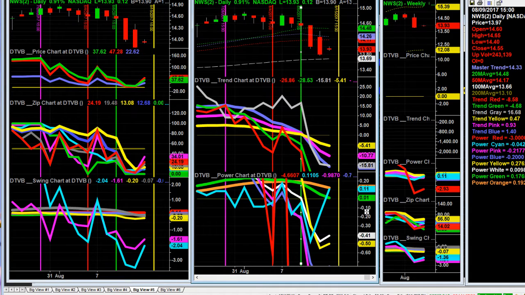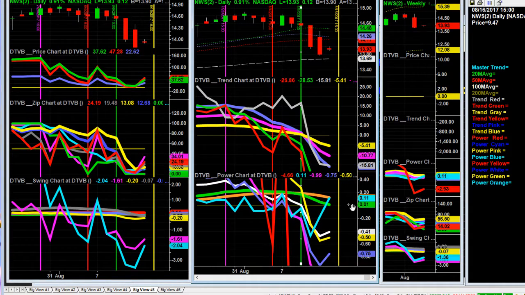We also have the same thing in the power chart. If you notice, we have power Zion up, and all 4 power lines, yellow, white, pink, and blue, that's the power 4, they are down.